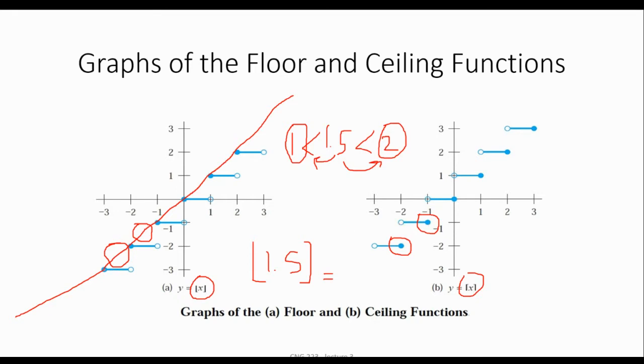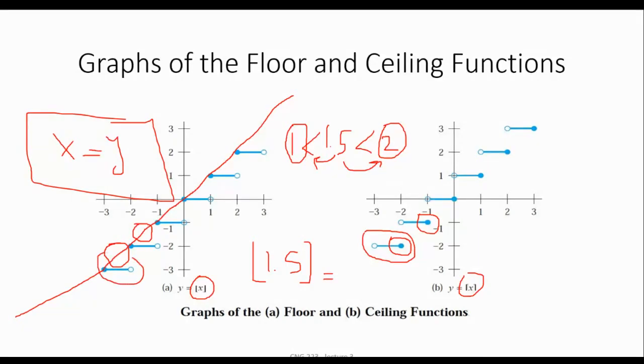Whenever you are having integers, it's exactly the same as this line. But whenever you apply floor and ceiling, it can change either like this or this. For the ceiling, it goes up instead of down.